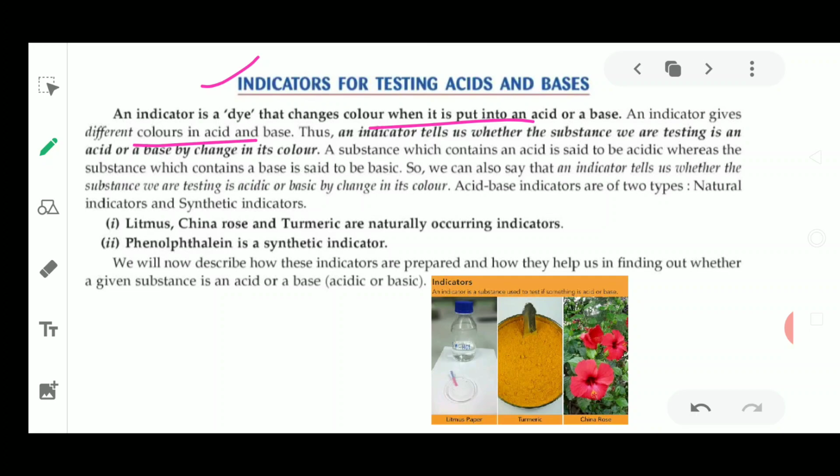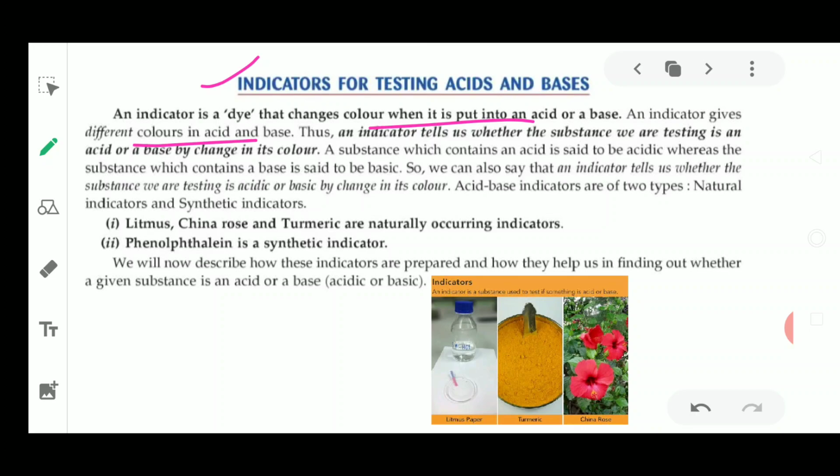An indicator is going to tell you whether the substance we are testing is acidic or basic in nature by changing its color, similar to the traffic light at the crossing, or the indicators in your vehicles which tell you that the person is going to take a right or a left turn.